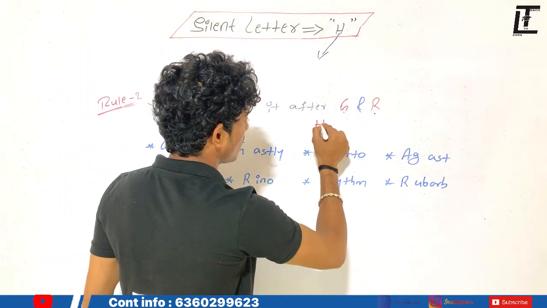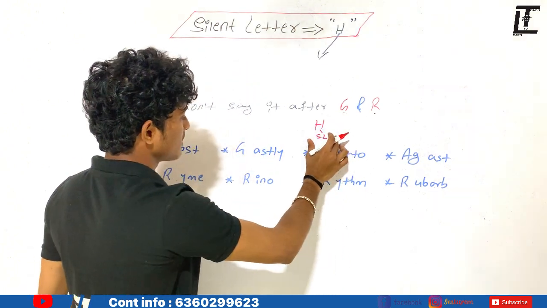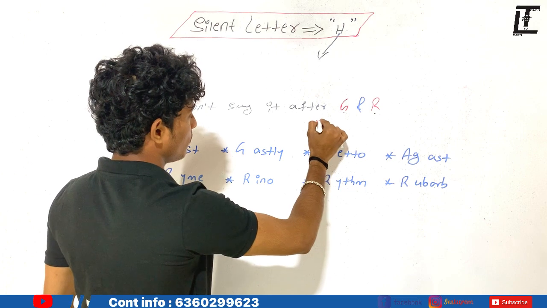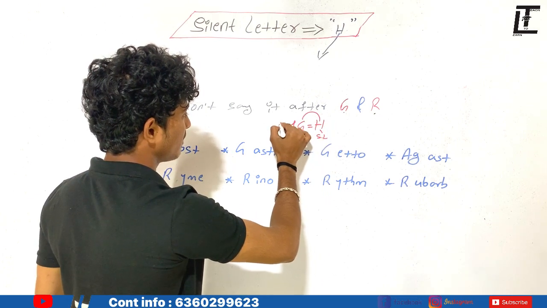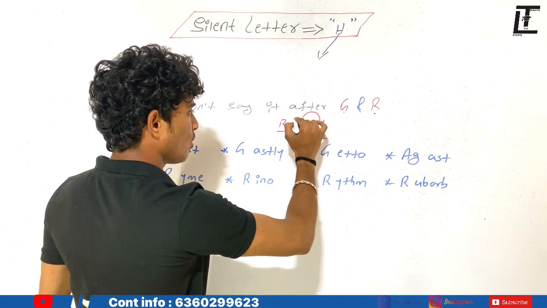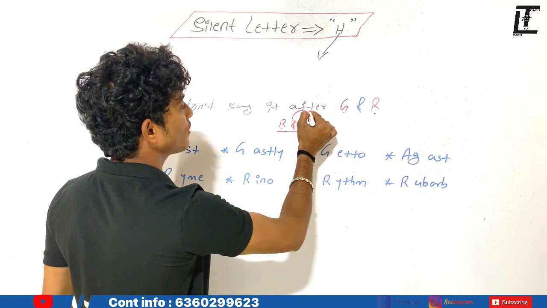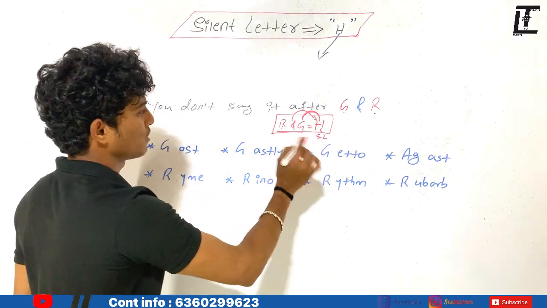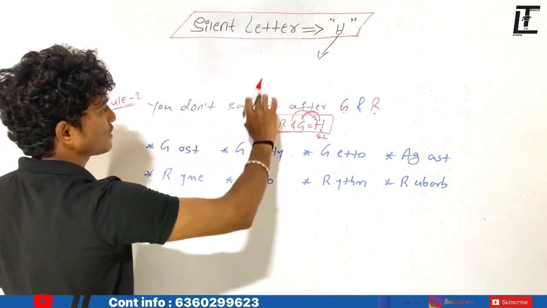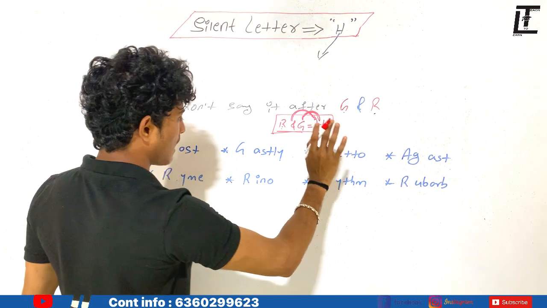The letter H is a silent letter before G and R, which means after R and G it is a silent letter, and before G and R it is a silent letter. Both the same, vice versa. Do not worry. The letter H is not pronounced after G and R.